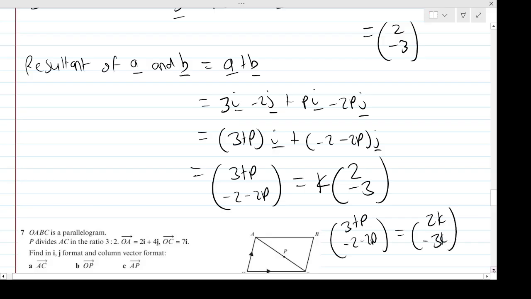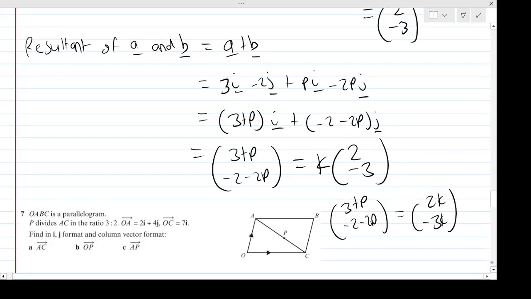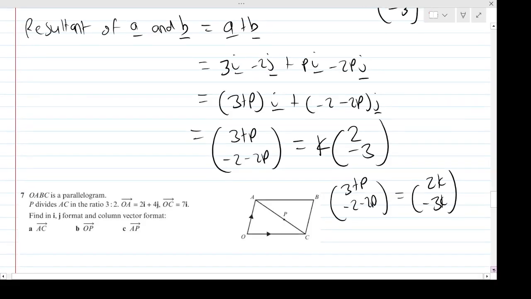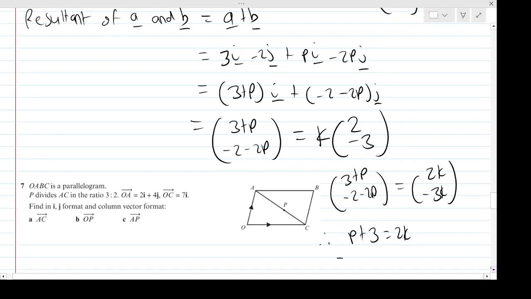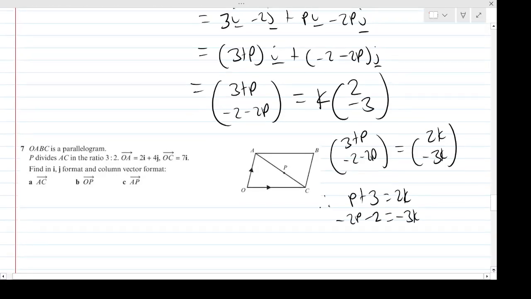So directly you can see the top numbers have to equal and the bottom numbers have to equal too. That means p add 3 has to equal 2K, and also minus 2p minus 2 has to equal minus 3K. And again we've got simultaneous equations.